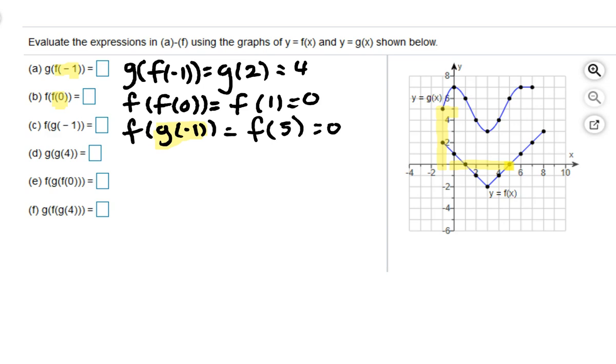Let's try the next one. g of g of 4. Starting on the inside, we're going to find g of 4. Here's an x value of 4. We go up to the graph of g, and we get a y value of 4.